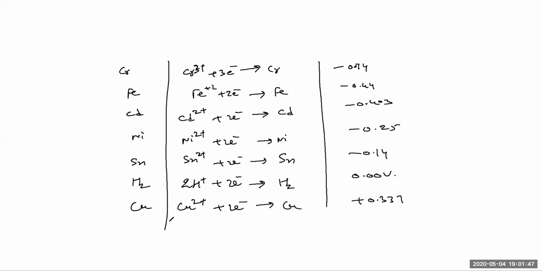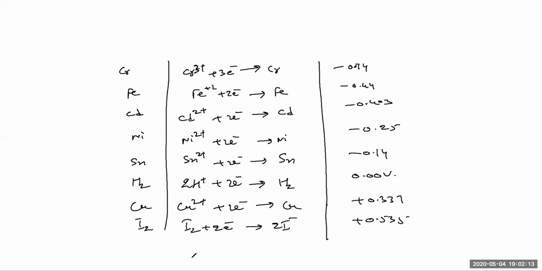Next I2, iodine. It is reduction only: I2 plus 2 electrons becomes 2I minus. It's the reduction reaction only. So plus 0.535.